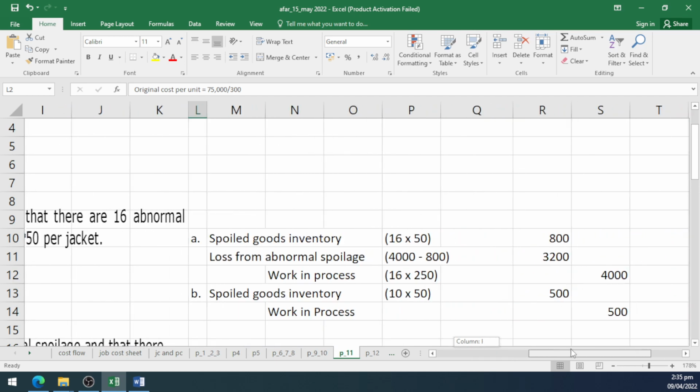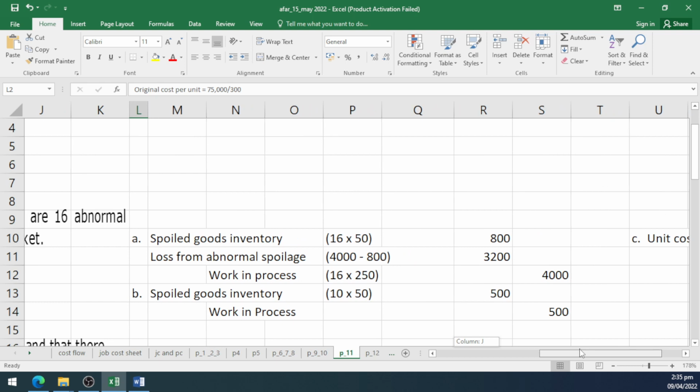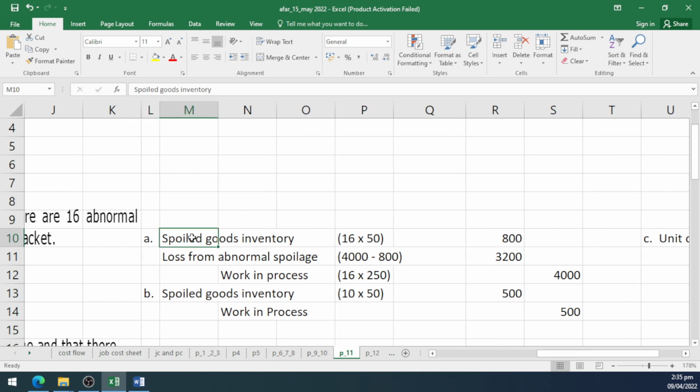If abnormal spoilage happens, the procedure will be, if there is salvage value of the spoiled units, you set up the spoiled goods inventory. Or, dito mayroon, di ba? 50 per unit. 16 units abnormal. So, the recoverable value, the realizable value from that is 800. Debit spoiled goods inventory, 800. And then, how do we determine the loss?